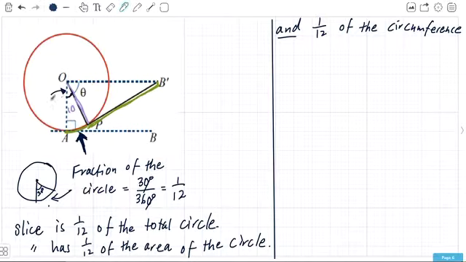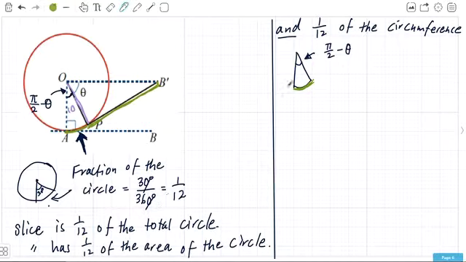So this angle inside here would be 90 degrees take away theta, because theta's there. So we're now dealing with a slice where we've got an angle of pi on 2 take theta, and we're interested in knowing this length of green here, the length of string that's around this part.